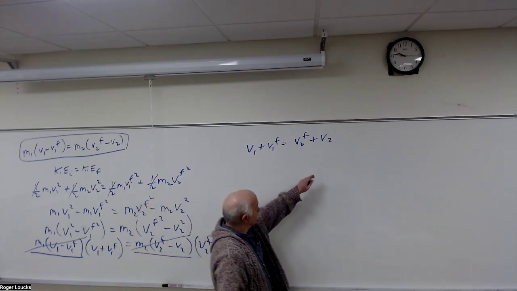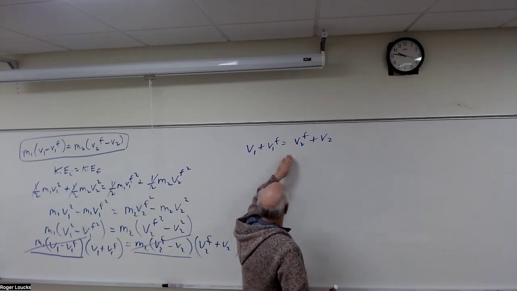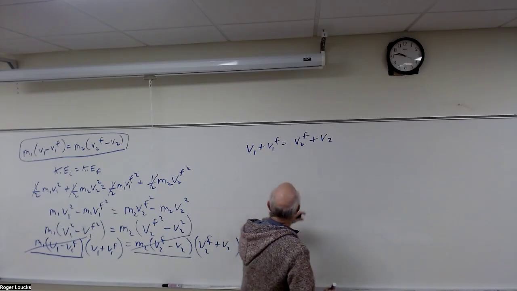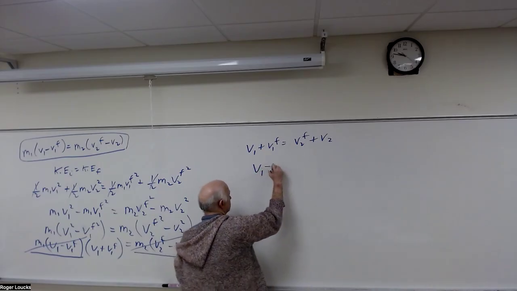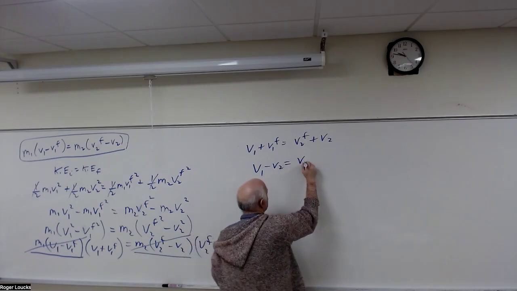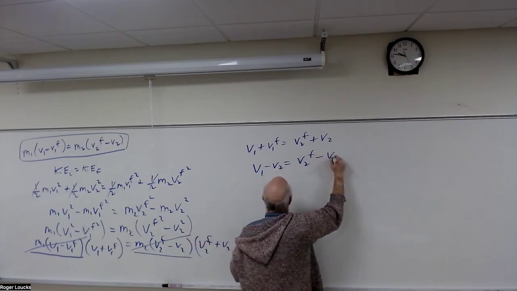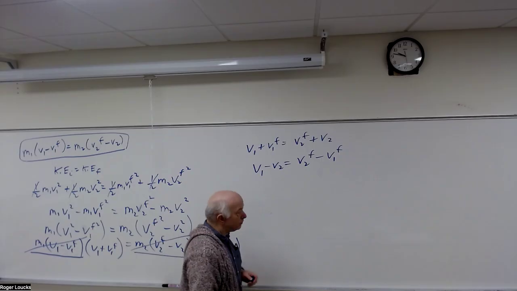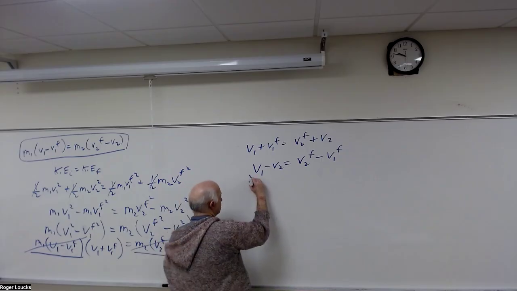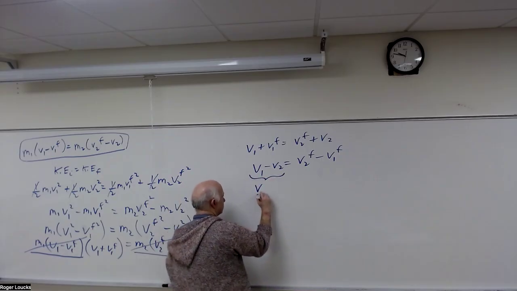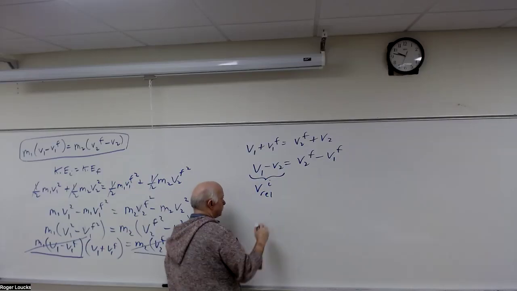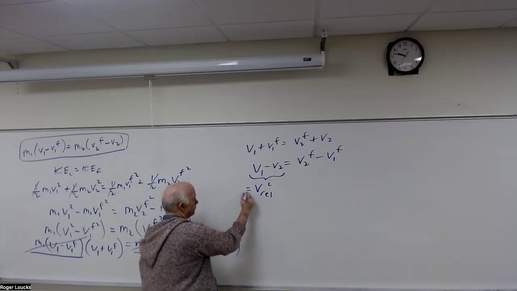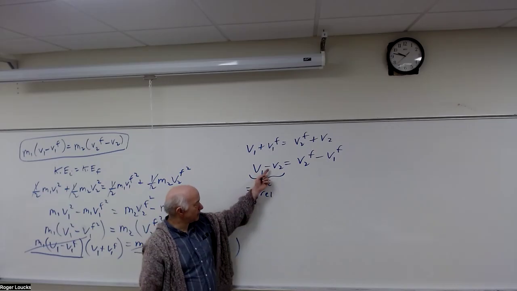So I'm going to take the initial values over here and the final values over here. I write this as V1 minus V2 equals V2 final minus V1 final. And I'm going to define this to be the relative velocity before the collision: the first velocity minus the second velocity.